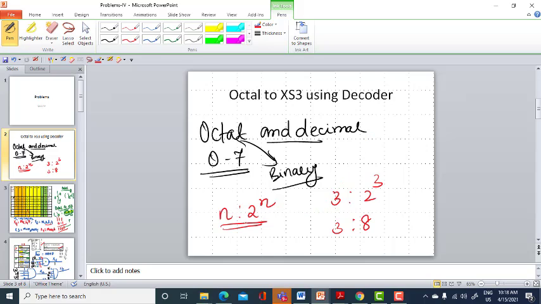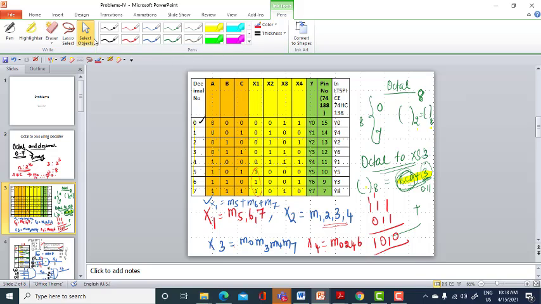This 3 input is nothing but your A, B, C, and in a decoder you will be relating to your minterms, M0 to M7, but here you won't have them in terms of M, you will have Y0 to Y7. So that is how it is.